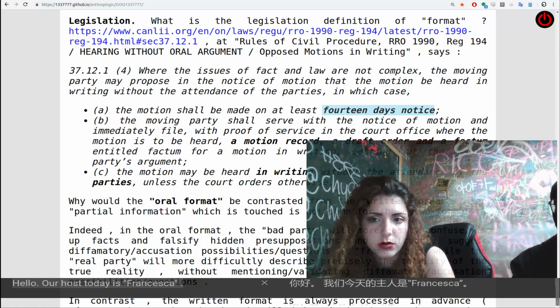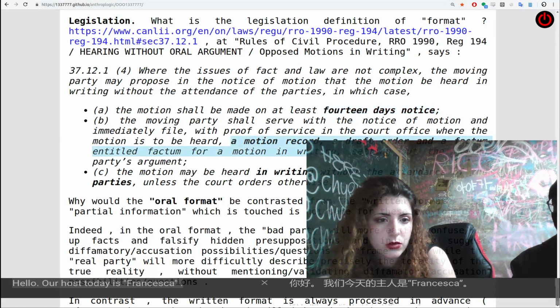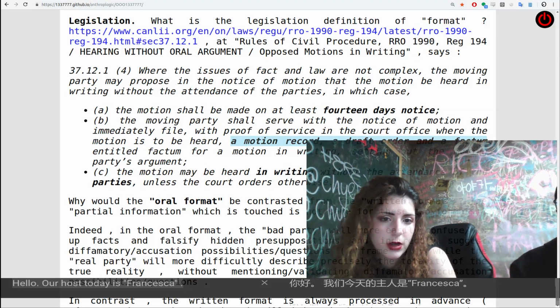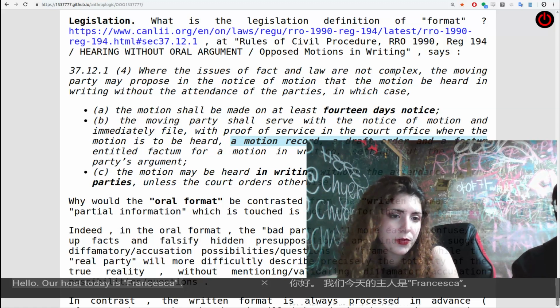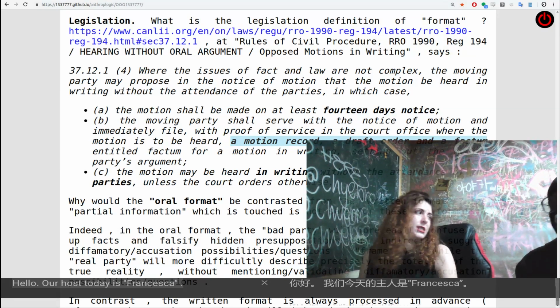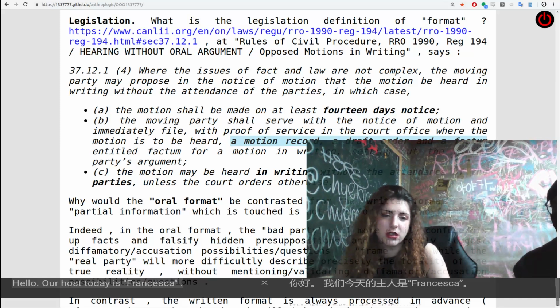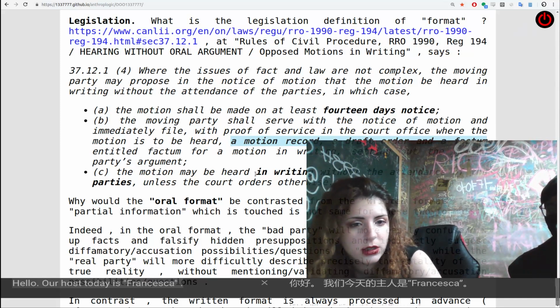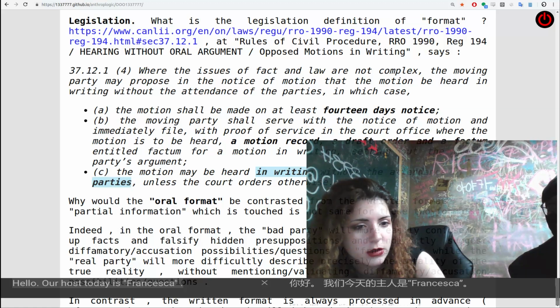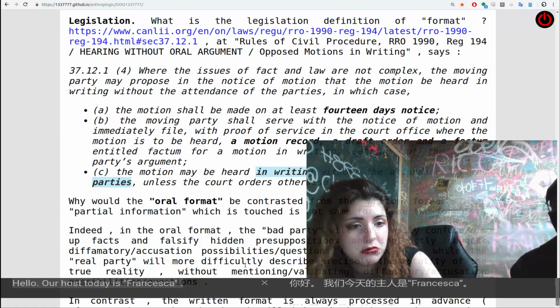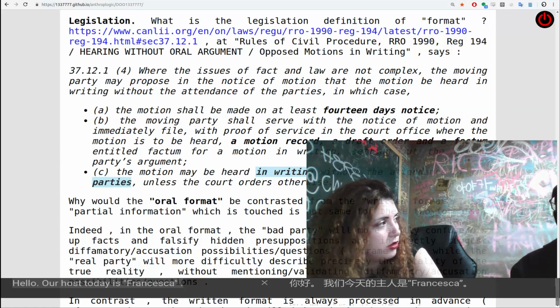And then there's maximum content in the writing. You have a motion record, the draft order, the factum, so a lot of documentation, which is easier to present in writing. And in writing, without the attendance of the parties, it means that basically you don't need to be there.